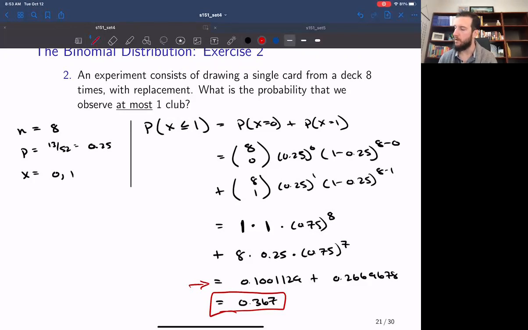And then 0.2669678. That's 8 times 0.25 times 0.75 to the 7. This means multiply. Make sense?